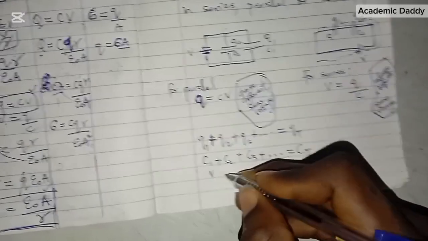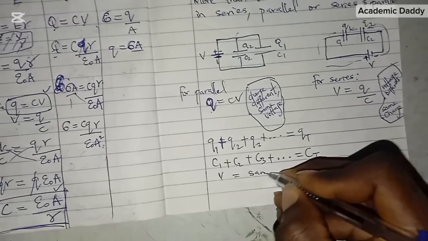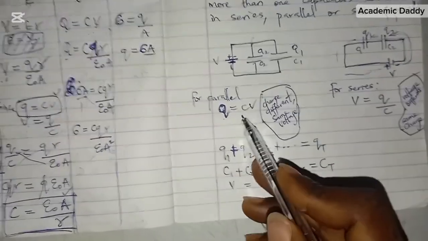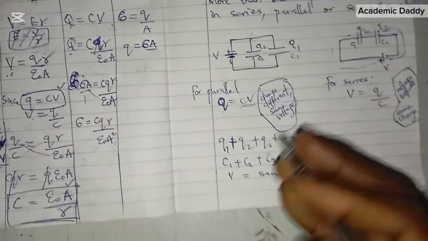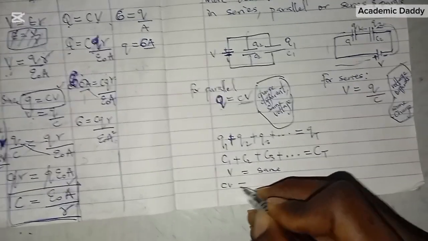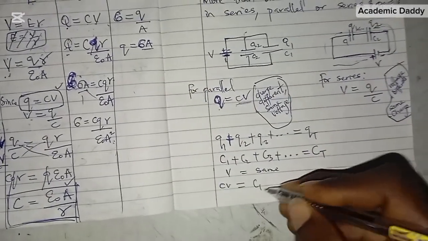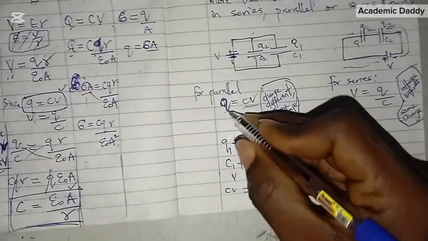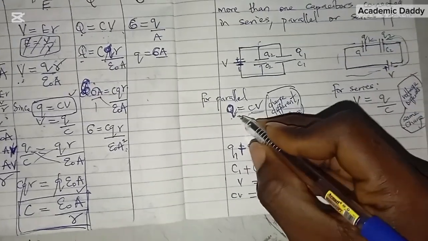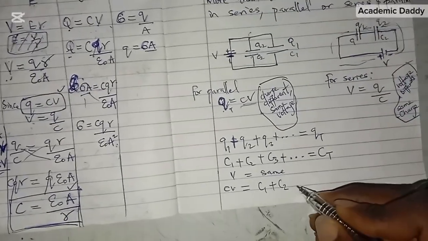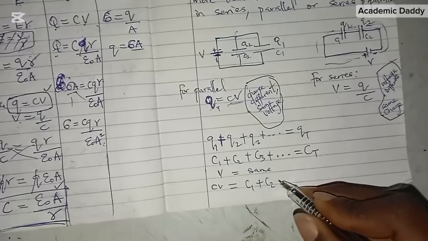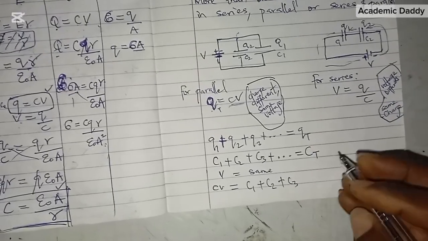But voltage is the same. So for that reason, let me bring this Q now that is here. Q is CV, which is equal to C1 plus C2 plus C3, times V. That is total Q, or equivalent Q, equals CV.